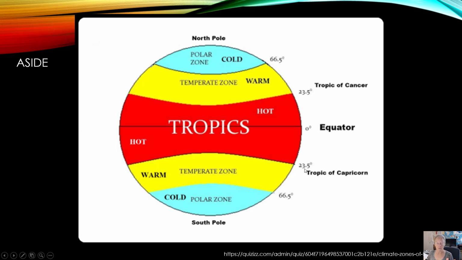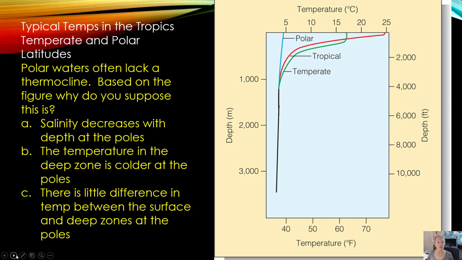So in general, and of course this is very generalized, and it doesn't have these perfect layers like this because we have mountains and continents and all sorts of other things going on here. But these are the general layers, so that when I talk about the temperate zone or the polar zone or the tropical zone, I want you to understand this is what I'm talking about.